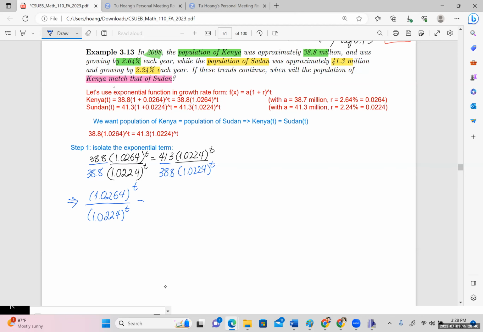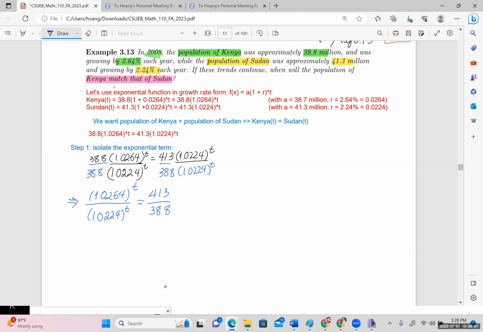And the right hand side becomes 41.3 divided by 38.8. All right.